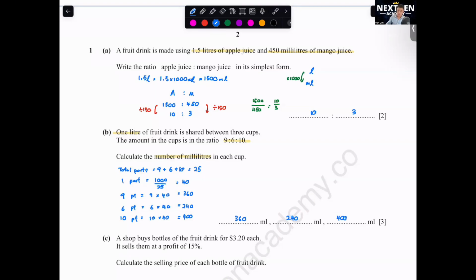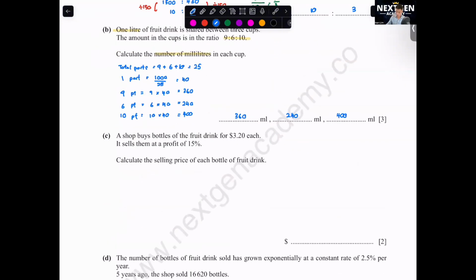Okay. Next one. Question C. A shop buys bottles of the fruit drink for $320 each. It sells them at a profit of 15%. Calculate the selling price of each bottle of fruit drink. This is called a percentage increase type of question.